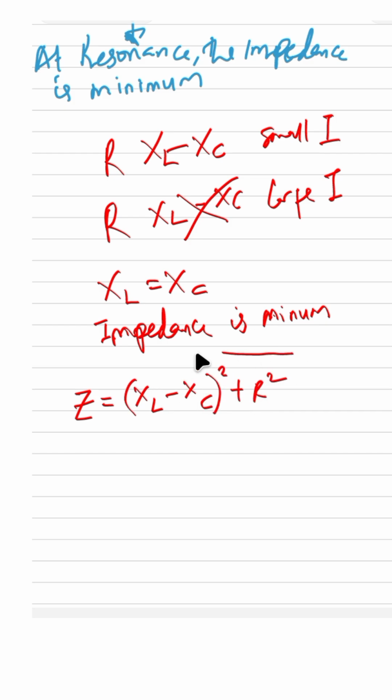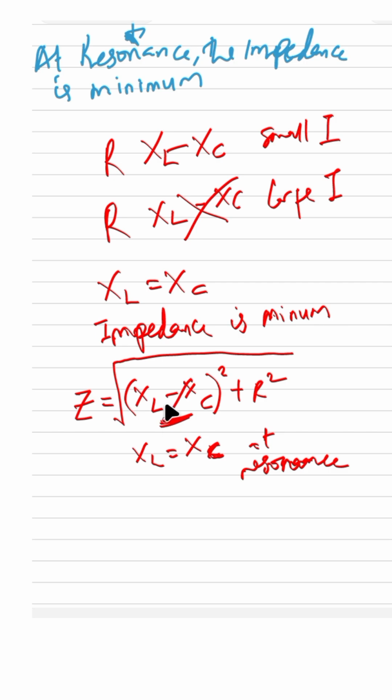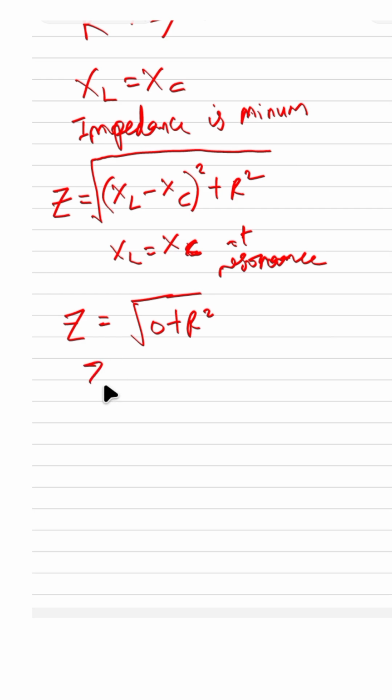But because XL is equal to XC at resonance, these two cancel out because XL and XC have the same value, so the difference gives 0. So you just have Z equals the square root of 0 plus R squared, which is the same as Z equals the square root of R squared. So this gives Z equals R.